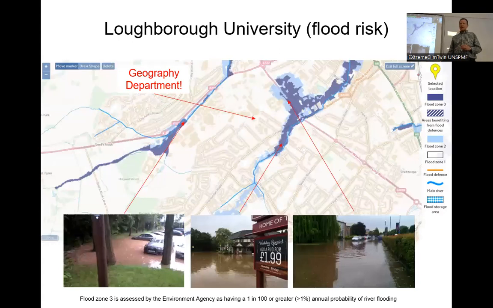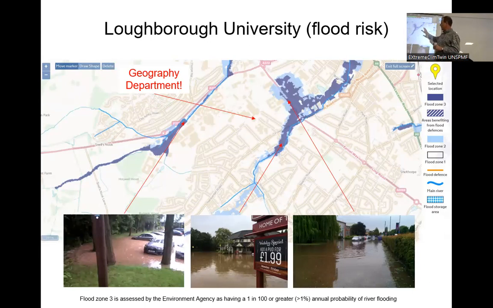So I'd like to now bring this a little bit closer to home. What we've been looking at are national indicators, but we can use climate risk and adaptation indicators at all sorts of different scales, even at the scale of a university or a town, as we're going to look at it. Take Loughborough University, my own university.